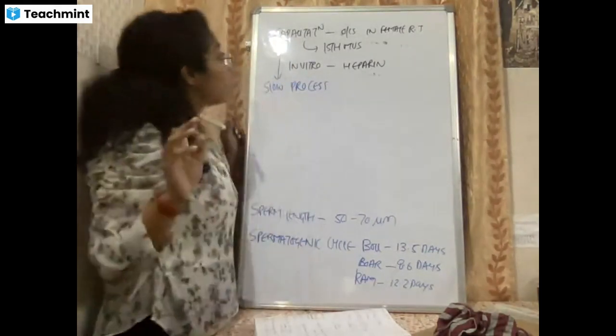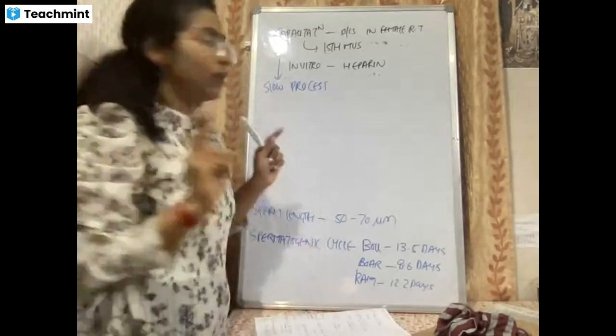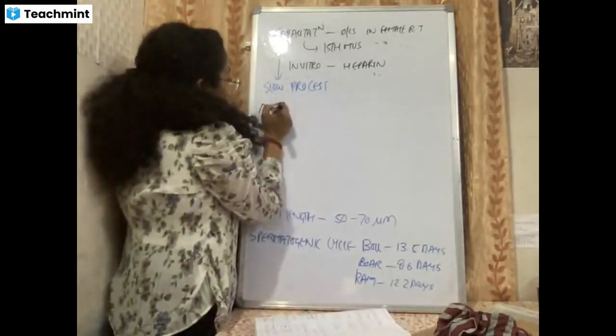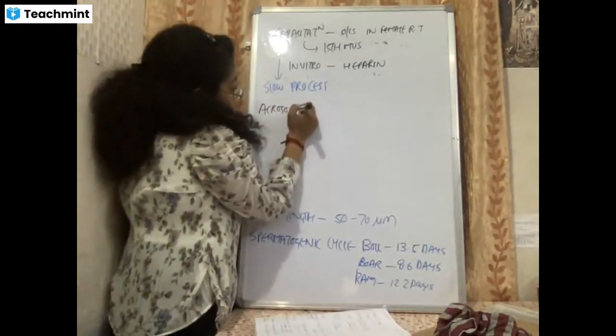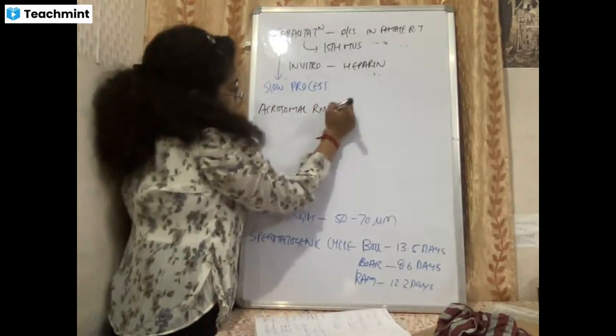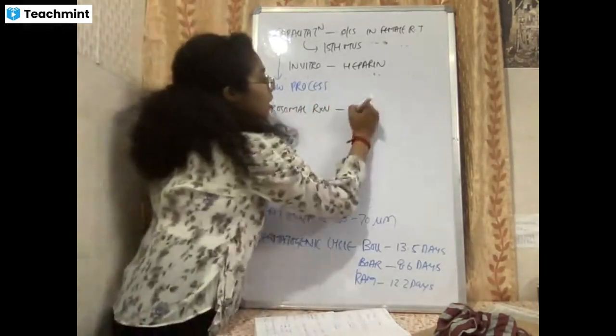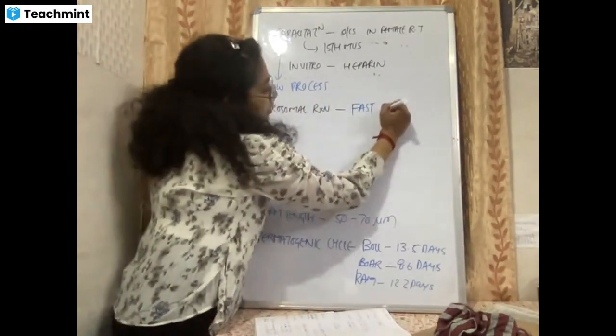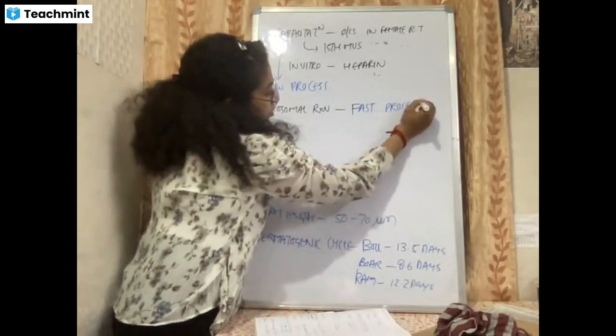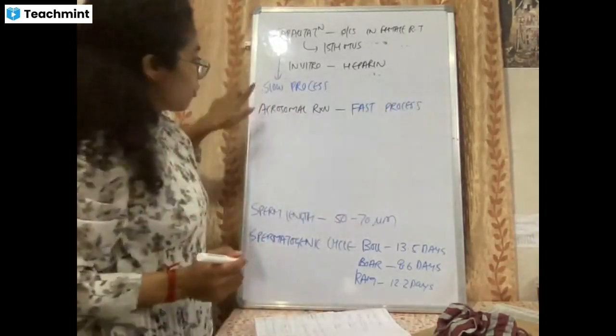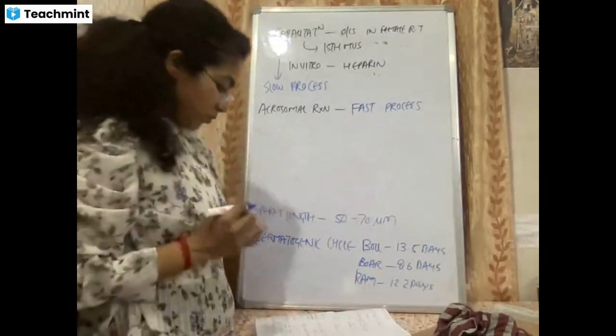And one more, like capacitation, the acrosomal reaction. The acrosomal reaction is a fast process.